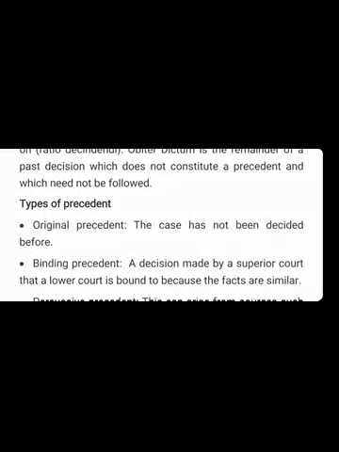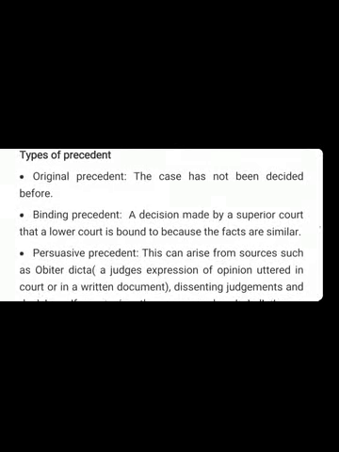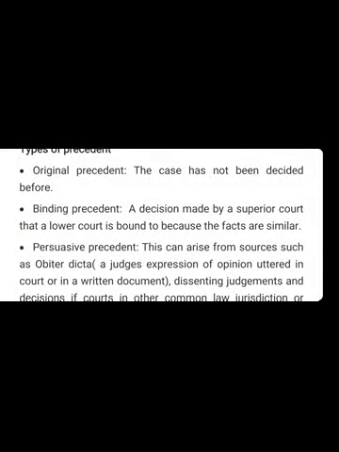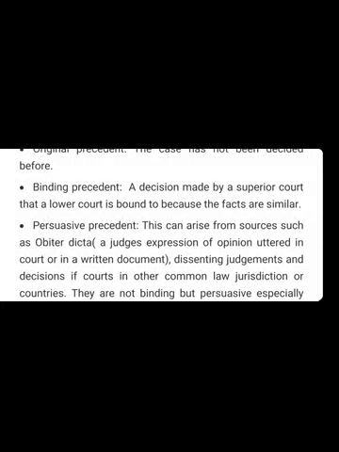Now let's go to types of precedent. We have the original precedent, that is a case that has not been tried before. Then we have the binding precedent, which is a decision made by a superior court that a lower court is bound to follow because the facts are similar. Then we have persuasive precedent.